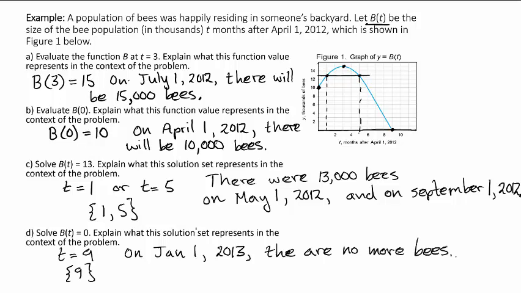In the winter they disappear, right? But at any rate, that's the idea. So hopefully that makes sense. If our output is 0, that represents a horizontal intercept, right? And that happened at 9. So 9 months after April 1st, 2012, the bee population was completely gone.